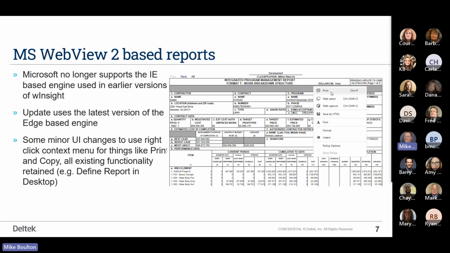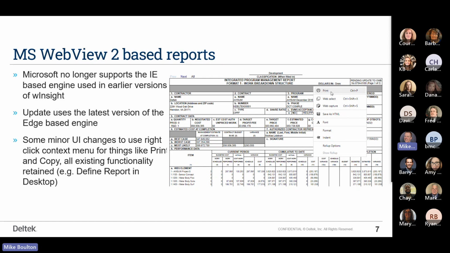So it still gives you things like the ability to select roll-up options, which you can see on that right-click menu there, which are wInsight functions effectively. And we can also select indenting and fonts and stuff like that. But some of the things like print, which used to be a main menu function, have now moved to this right-click menu.